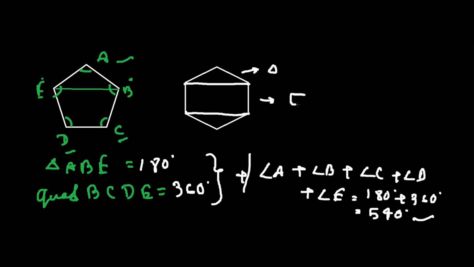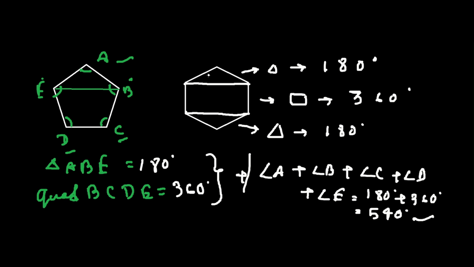Now we can see this has been divided into three parts. One is a triangle, another one is a quadrilateral, another one is a triangle. We all know this is 180 degree, this is 360 degree, and this is 180 degree.